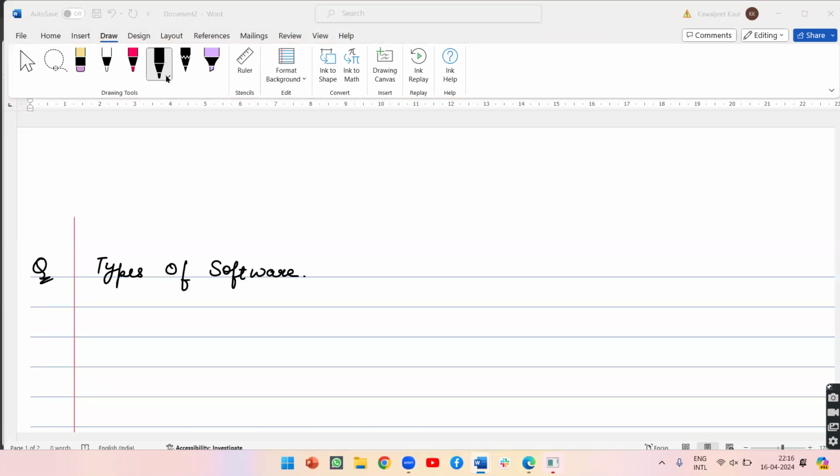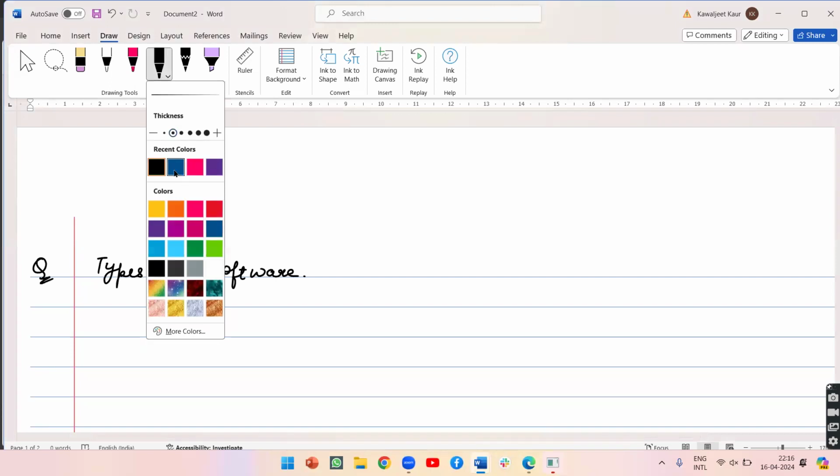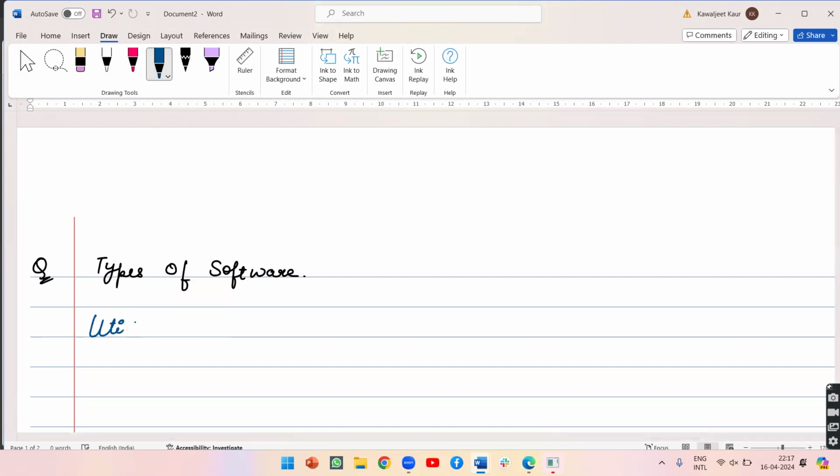Now the next part is to understand how many types of software there are. There are many types of software. One is application, other is system software, utility software. Let us start with the utility. So this is software known as utility software.